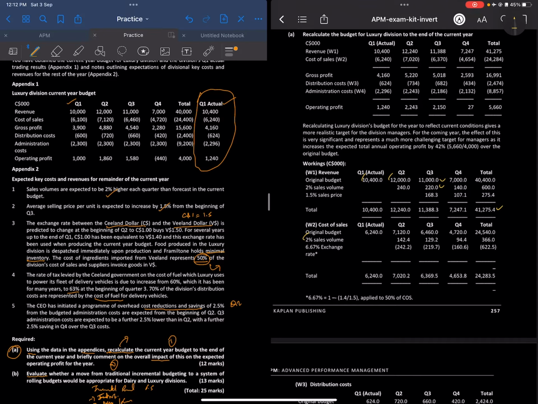Original budget plus your 2% sales volume should be there. Then after that, how much has the currency appreciated by, right? That is 1.5 divided by 1.4.